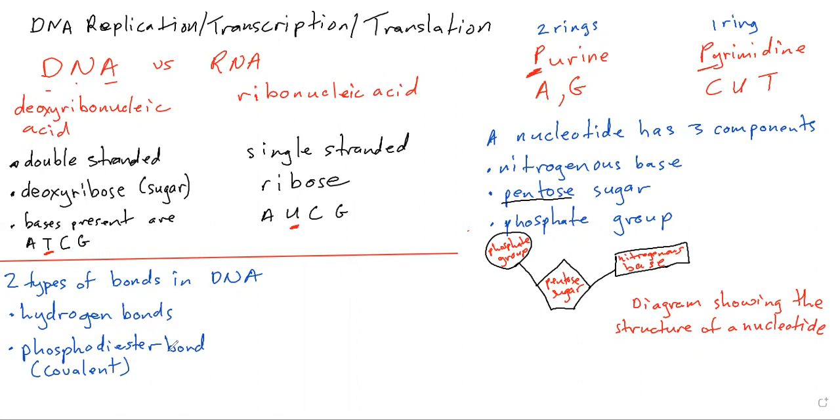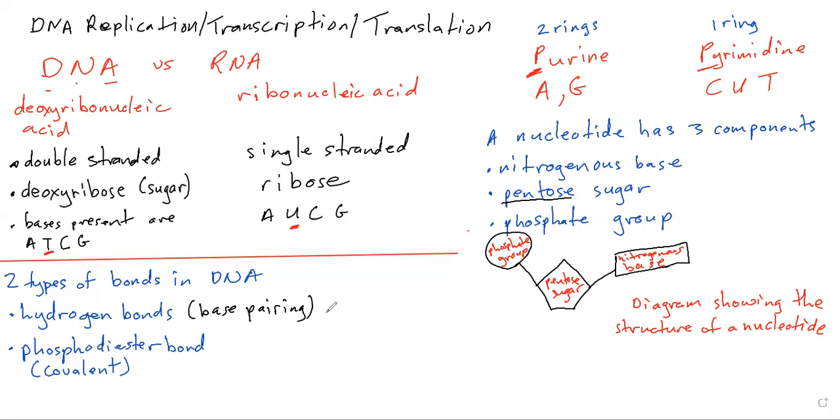We won't have to go into the chemistry of how you get the actual ester bond. The chemistry of it is not required. So where do the hydrogen bonds come into play? The hydrogen bonds are used for base pairing.